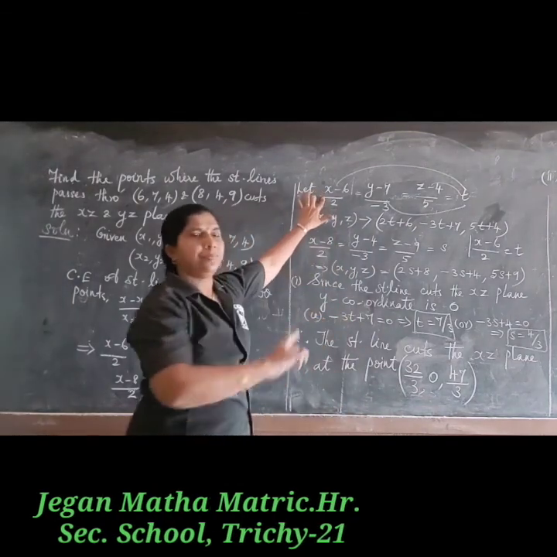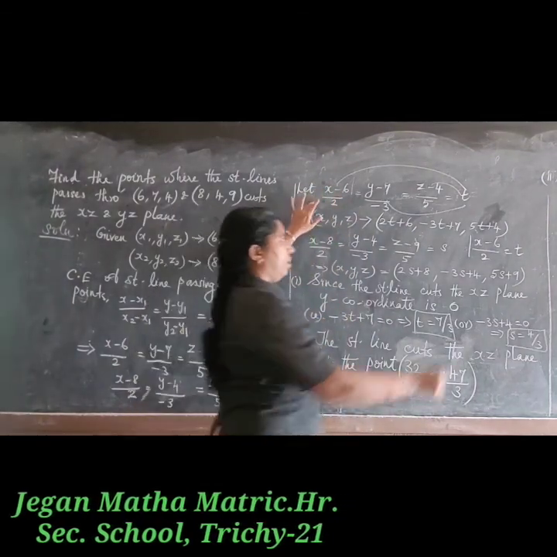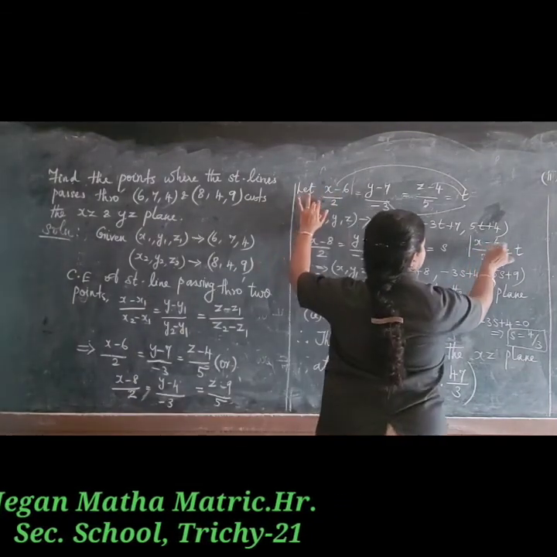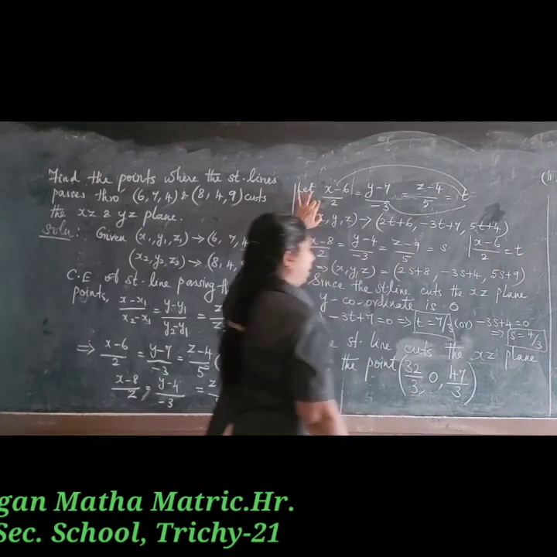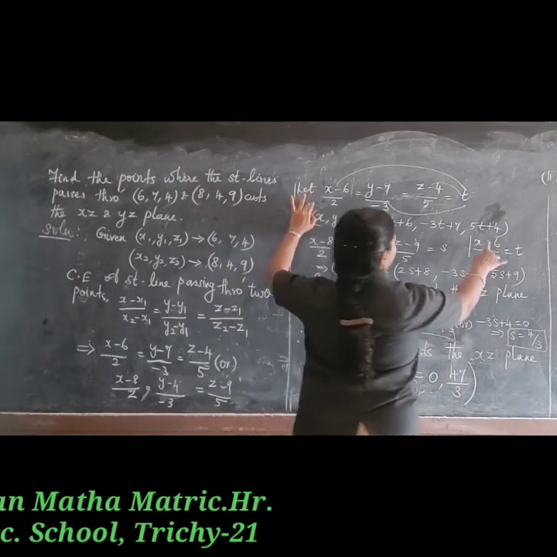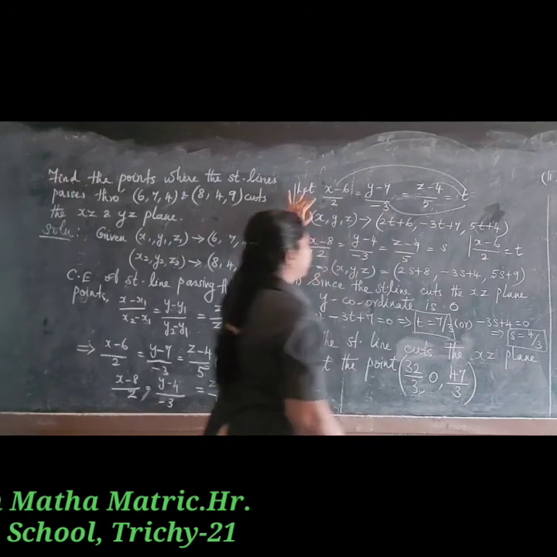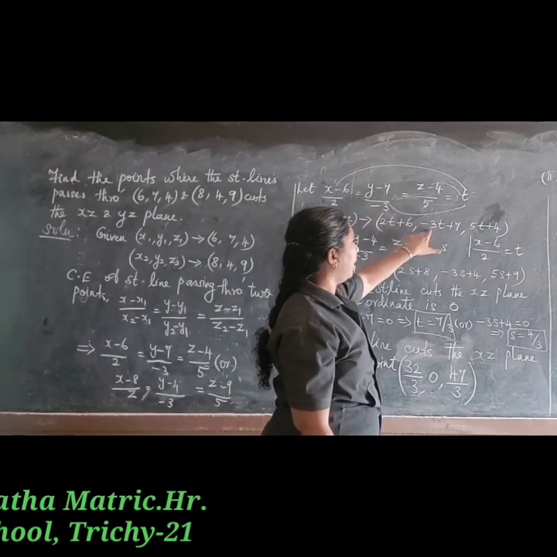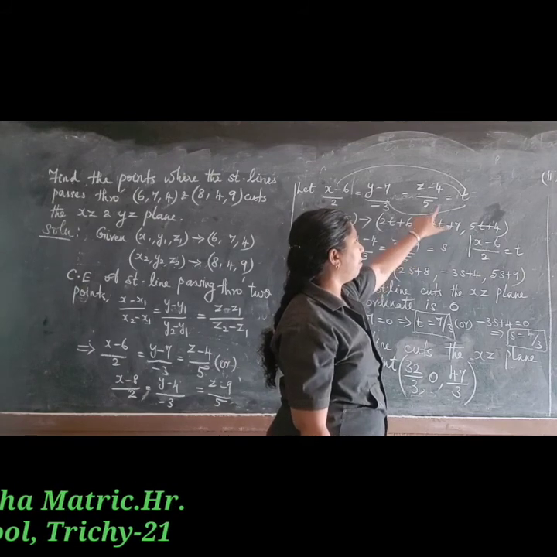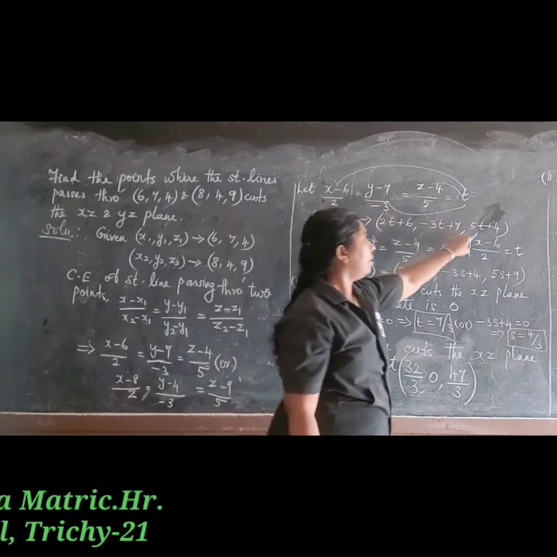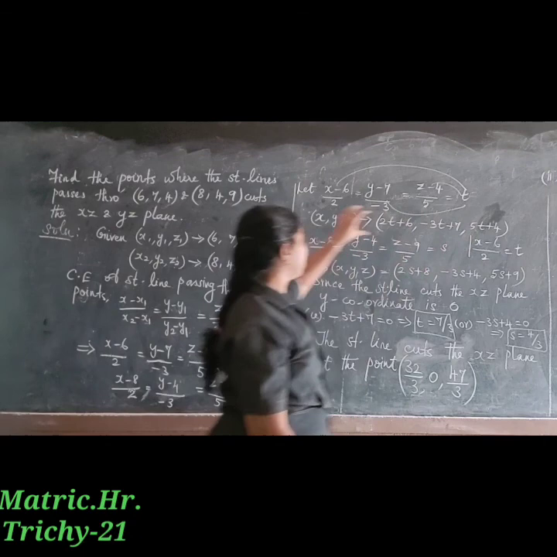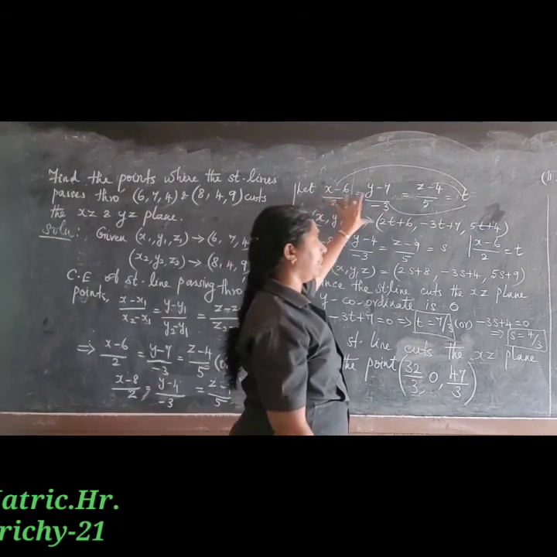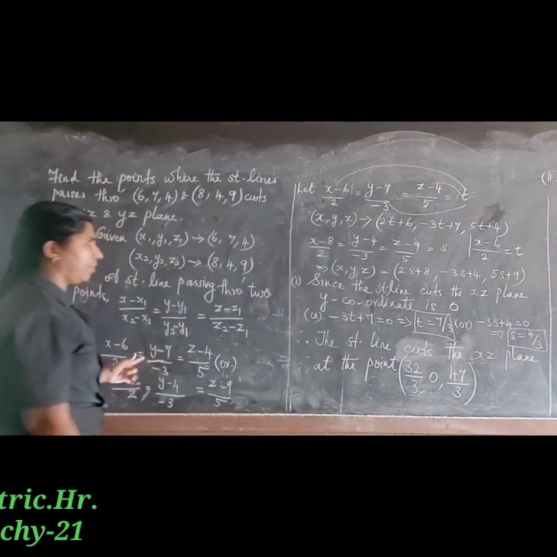So x minus 6 is equal to 2t and x is equal to 2t plus 6. In the same way, equating the second one, we get y is equal to minus 3t plus 7. For the third one, z is 5t plus 4. This is x, y, z derived from the first equation.